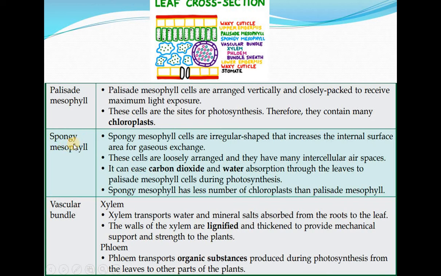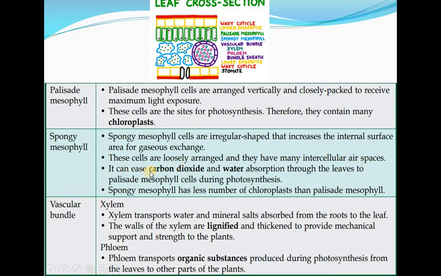Spongy mesophyll. Spongy mesophyll cells are irregular in shape, that increases the internal surface area for gas exchange. These cells are loosely arranged and they have many intercellular airspaces.